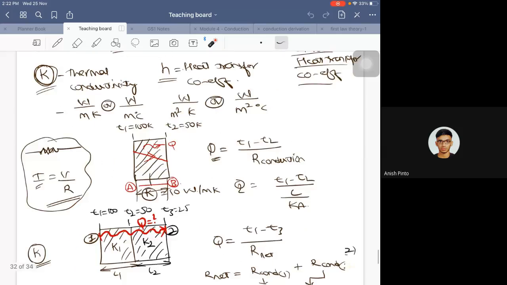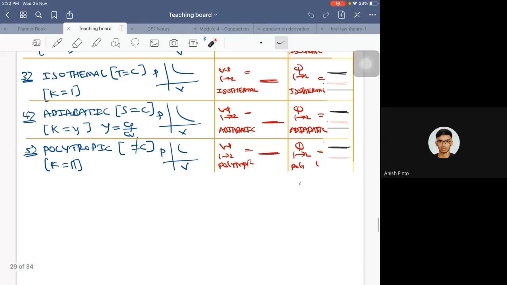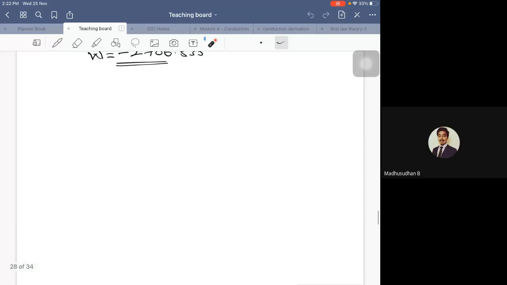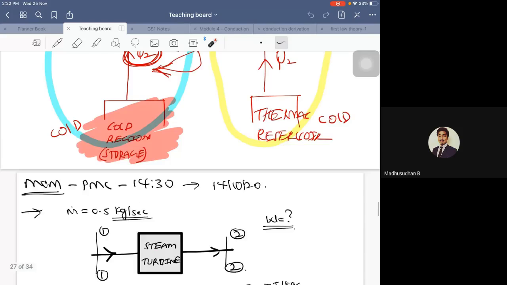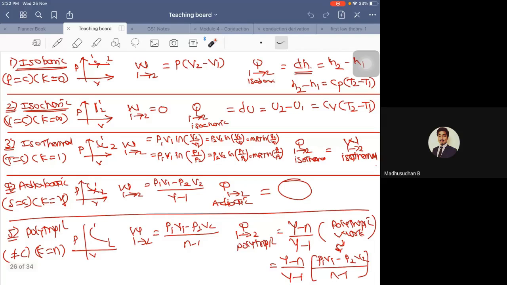P into V2 minus V1 is the formula to calculate your work flow. That is what you can use if you want to calculate the work.